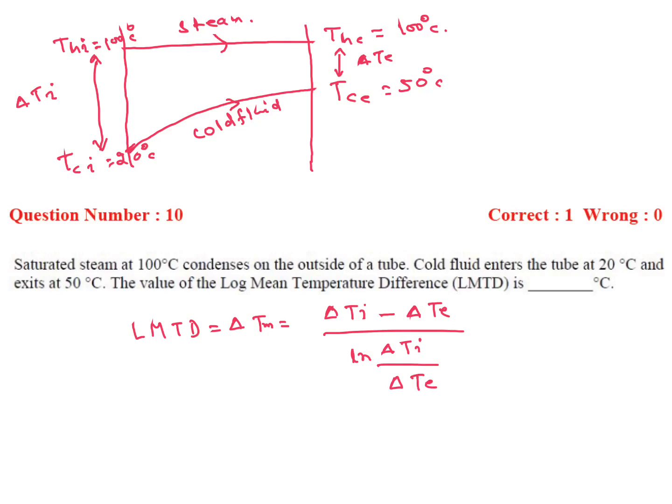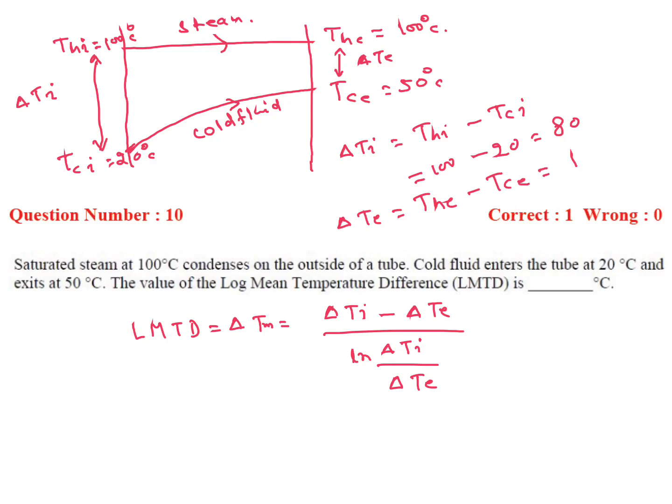If we calculate delta Ti, it's Thi minus Tci, 100 minus 20, which is 80. Delta T at exit is temperature of hot fluid at exit minus temperature of cold fluid at exit, 100 minus 50, its value is 50.